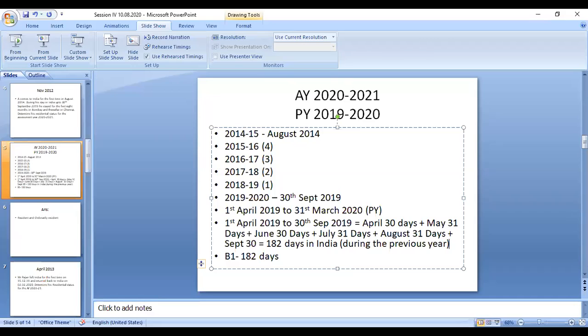July and August 31 days, May also 31 days, including these days. So during the previous year he was in India, and he satisfied basic condition 1. Basic condition 1 is satisfied.